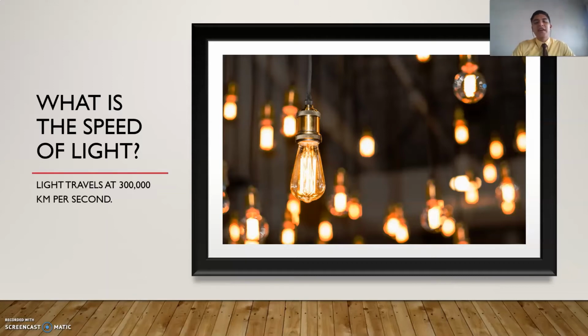Every single second, light is traveling 300,000 kilometers. That's amazing. And that's a scientific law. It's something that has been studied, and also it's something that has been proved, right? So it's something that cannot be changed. It's not like we can modify the speed of light.